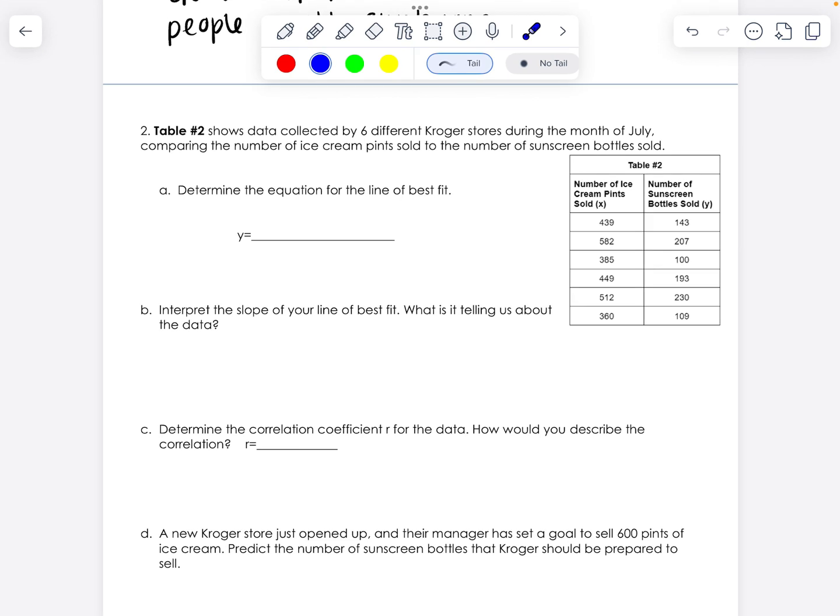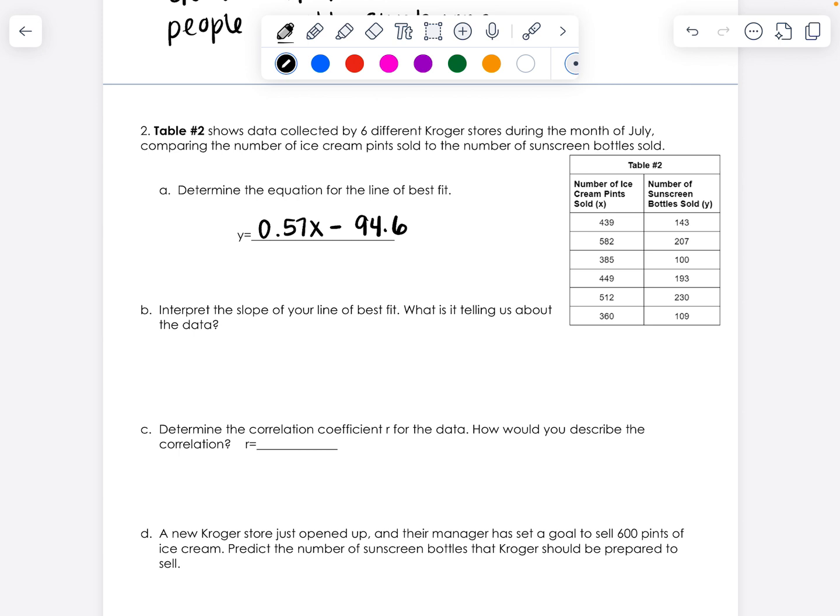So this time we're looking at, it says, Table 2 shows the data collected by 6 different Kroger stores during the month of July, comparing the number of ice cream pints sold to the number of sunscreen bottles sold. So we got the equation y equals 0.57x minus 94.6. And we need to interpret what this slope means. What is it telling us about the data?